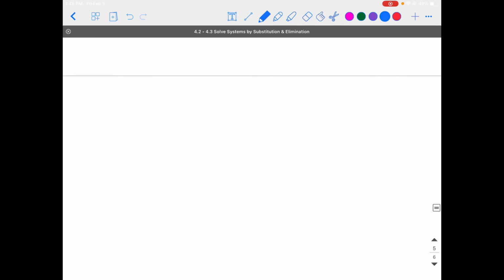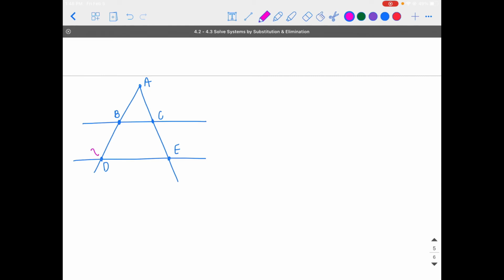All right, 13. B, A, C, E, D, and there's our X. It tells us that BC and DE are parallel.